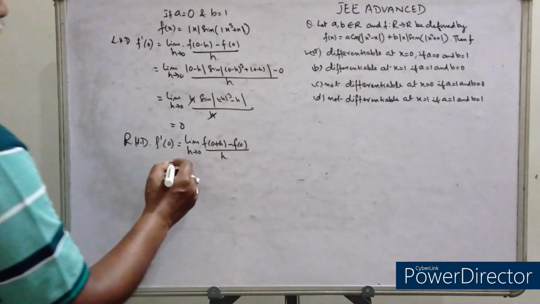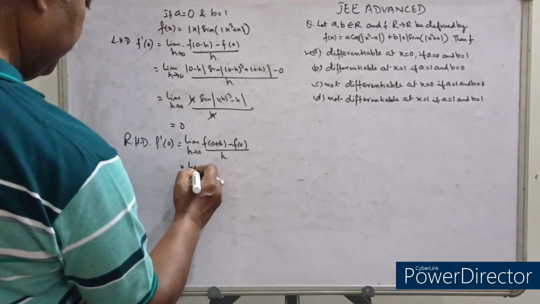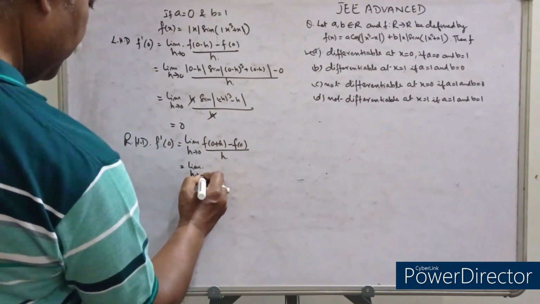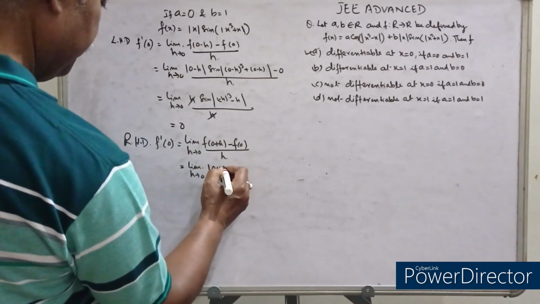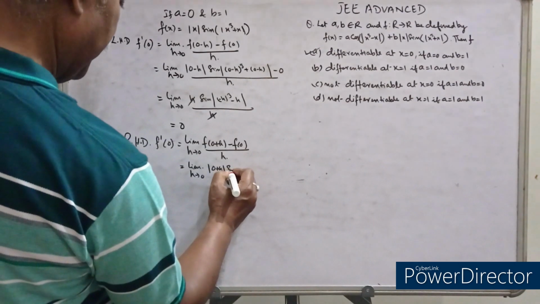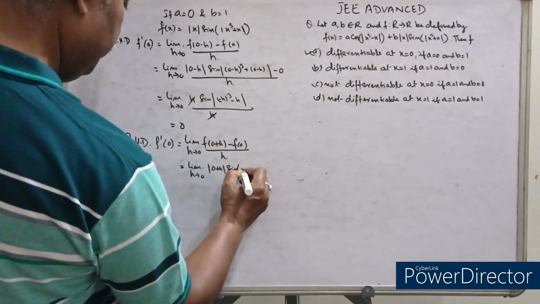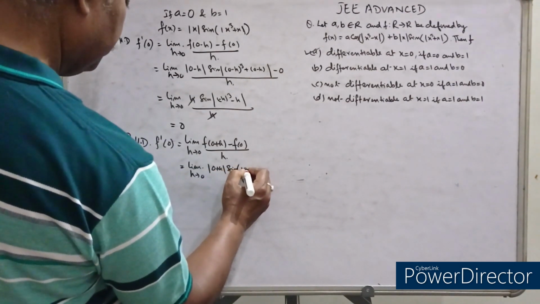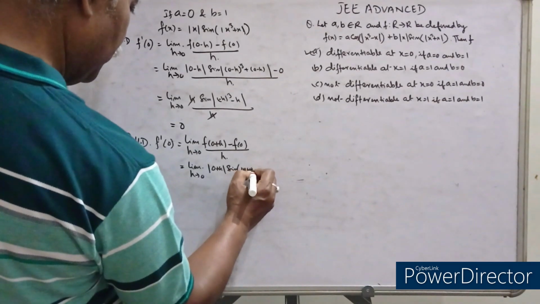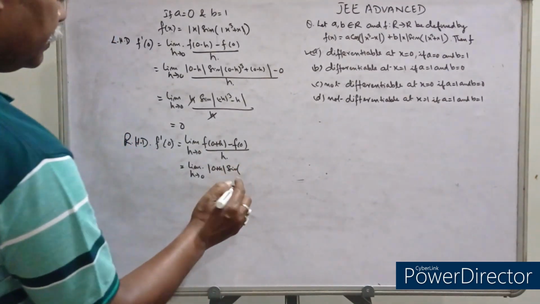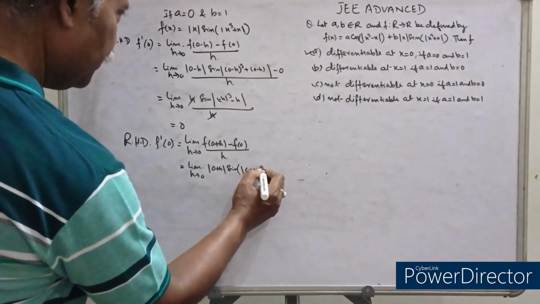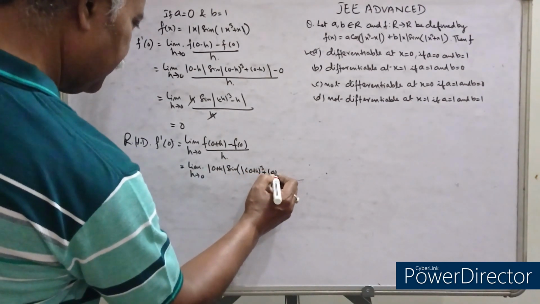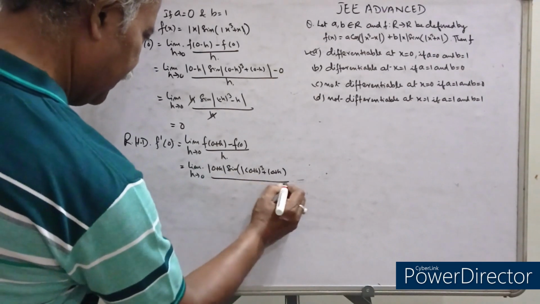So now again this will be limit h tends to 0, |0 + h| sin(|(0 + h)³ + (0 + h)|) divided by h.